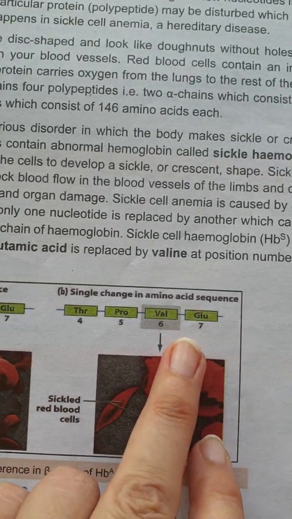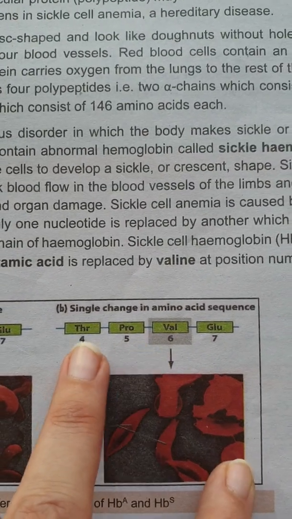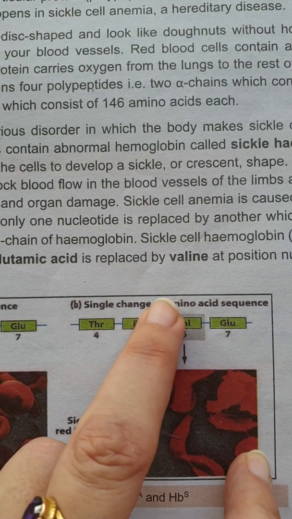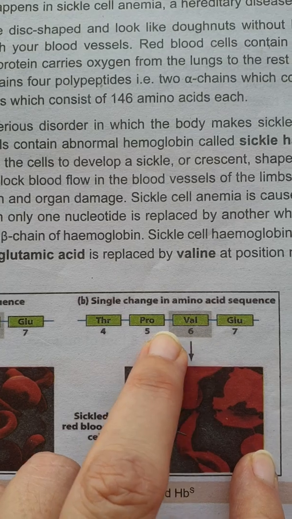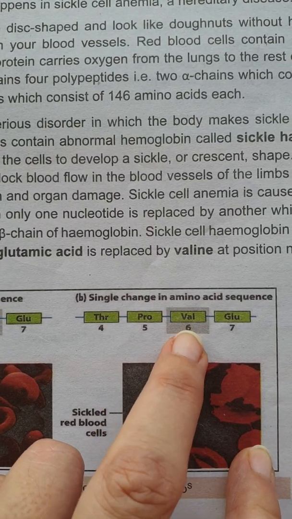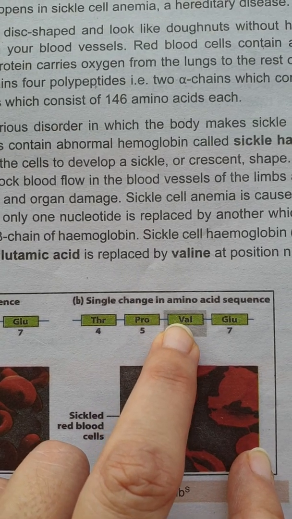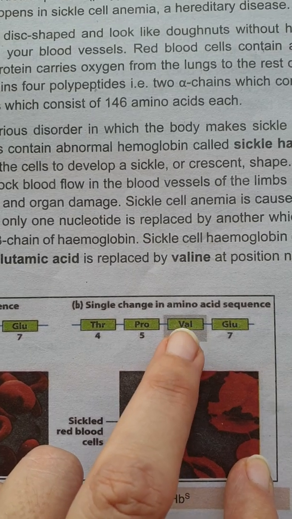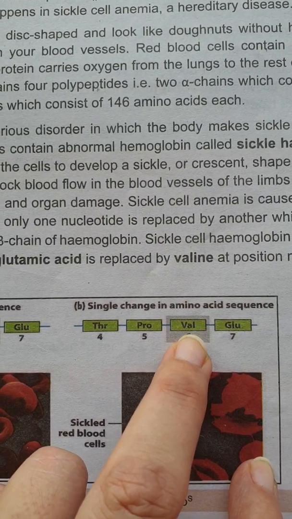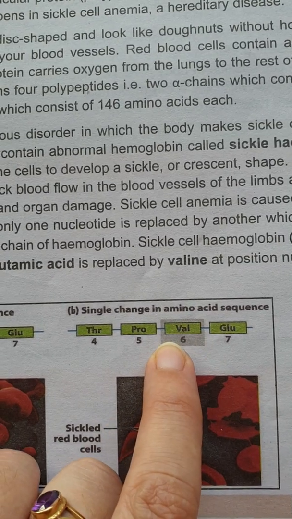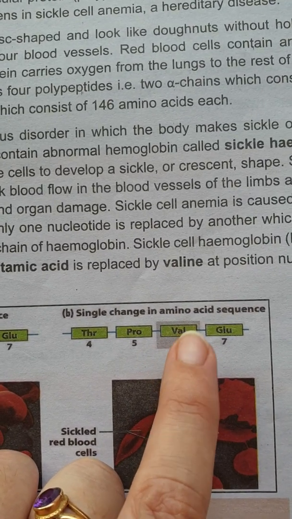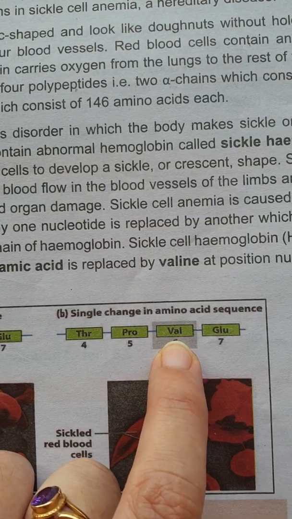What happens in sickle cell anemia? Only one glutamic acid is replaced by valine. The DNA does not give correct information to the enzymes, to the RNA, and they pick valine instead of glutamic acid.